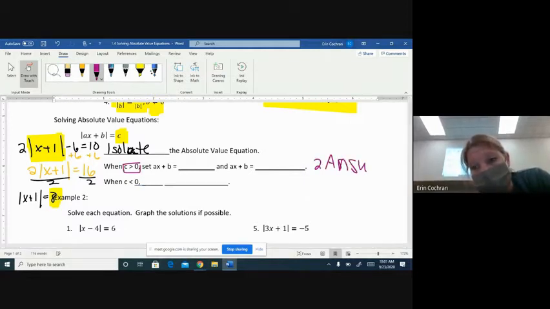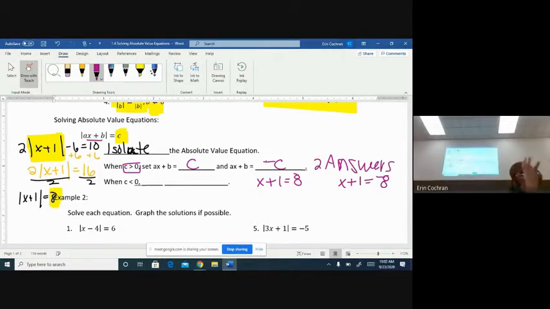So we set whatever's inside the absolute value equal to a positive 8 and a negative 8. I'd take x plus 1 equal to 8 and x plus 1 equal to a negative 8, because that absolute value is 8 units away from 0. So it could be a positive 8 or a negative 8.